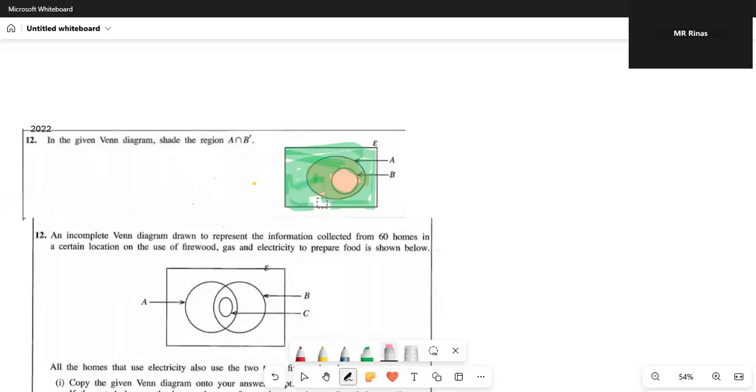So these portions shouldn't come. Union means you have to color all, but they ask now only the intersect. Then we should not color the outer portion.